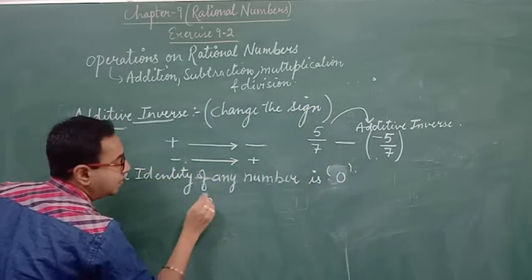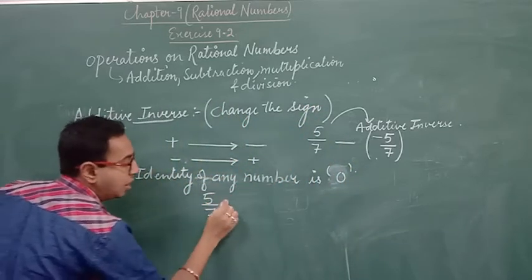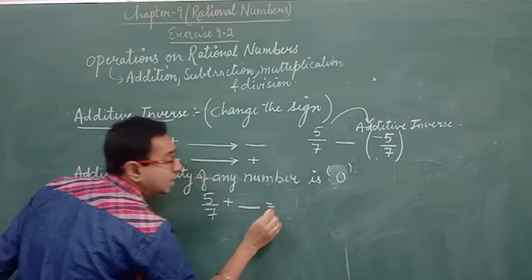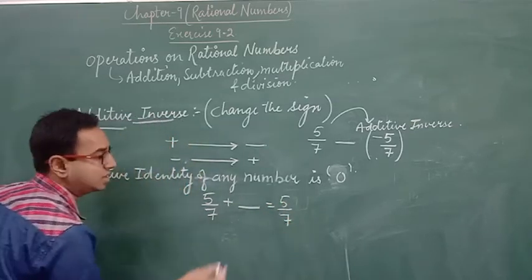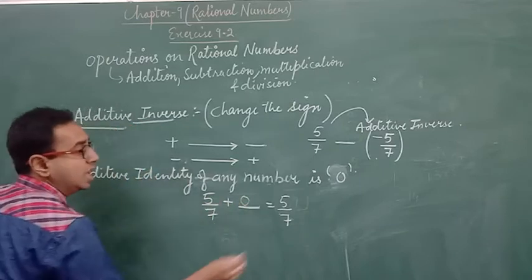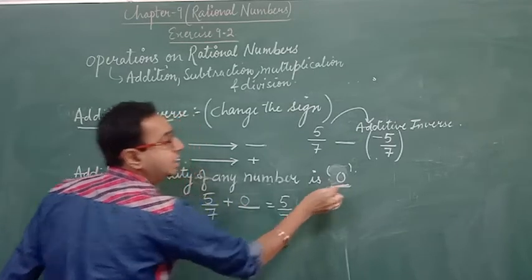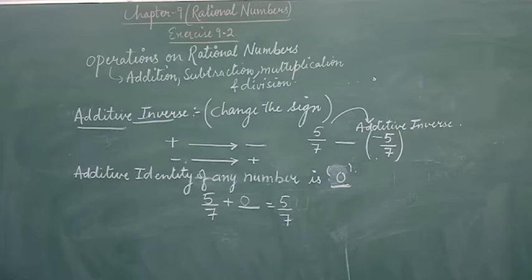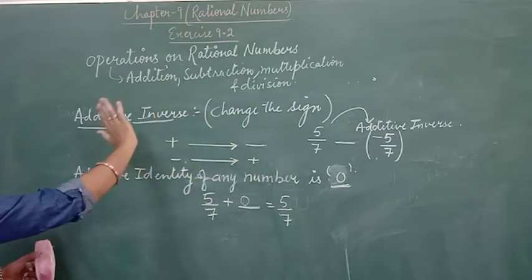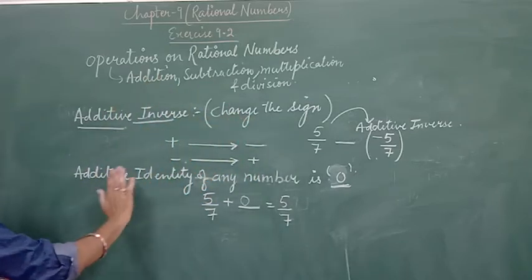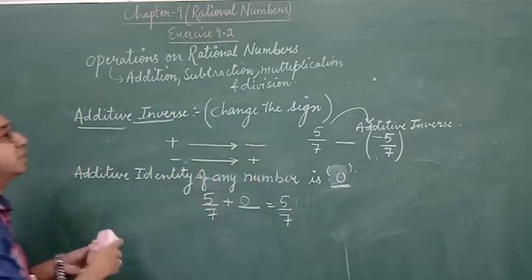If I add 0 to 5 by 7, 5 by 7 is there. What shall I add to 5 by 7 so that I get 5 by 7 back? Absolutely 0. Hence 0 is called additive identity of any number. Additive inverse, change the sign. Additive identity of any number is 0.